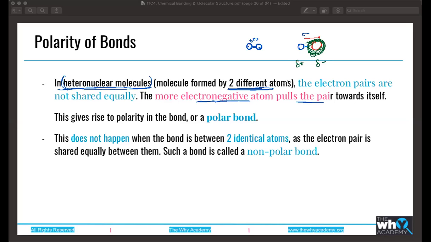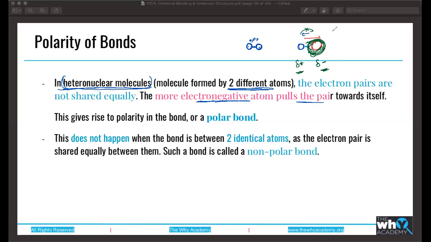Okay. So this kind of a bond where the electrons are not shared equally gives you a partial charge separation. Now, this is not a complete negative charge. The electron is not completely shifted. They're still sharing the electrons, just that one atom has majority custody of the electrons and the other one has minority custody.